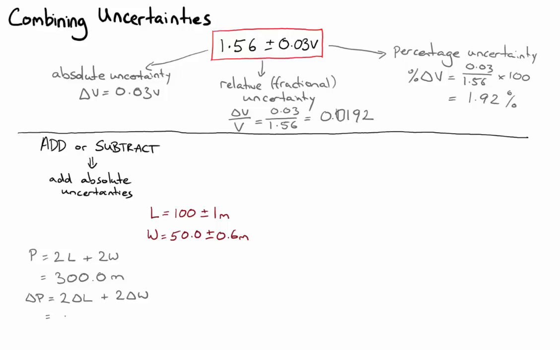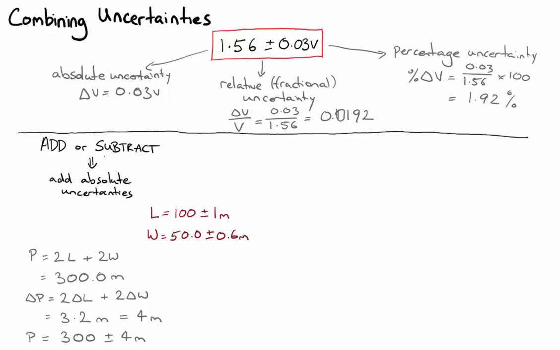And so if I add them all up, I get something like 3.2 meters. Of course, I need to round that up because that is an uncertainty, so it's 4 meters. And my final answer is 300 plus or minus 4 meters, because I need to round my final answer to the same number of decimal places as my uncertainty.